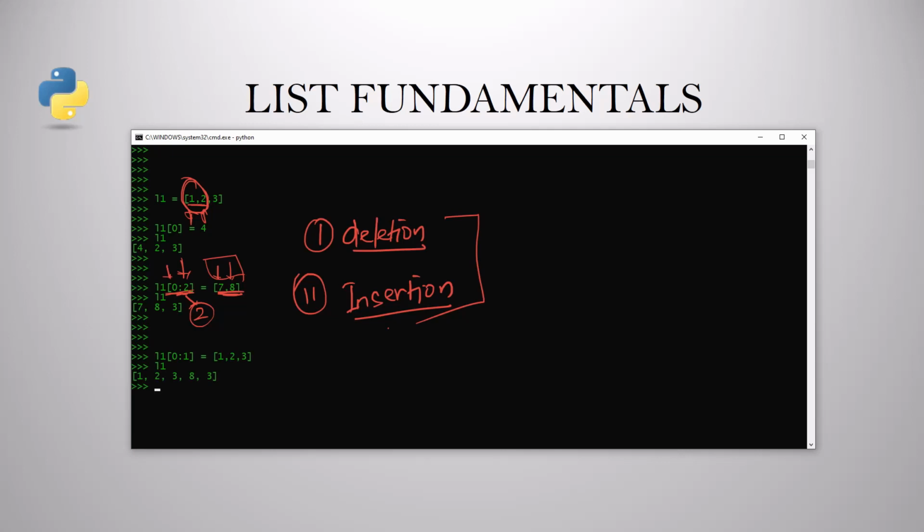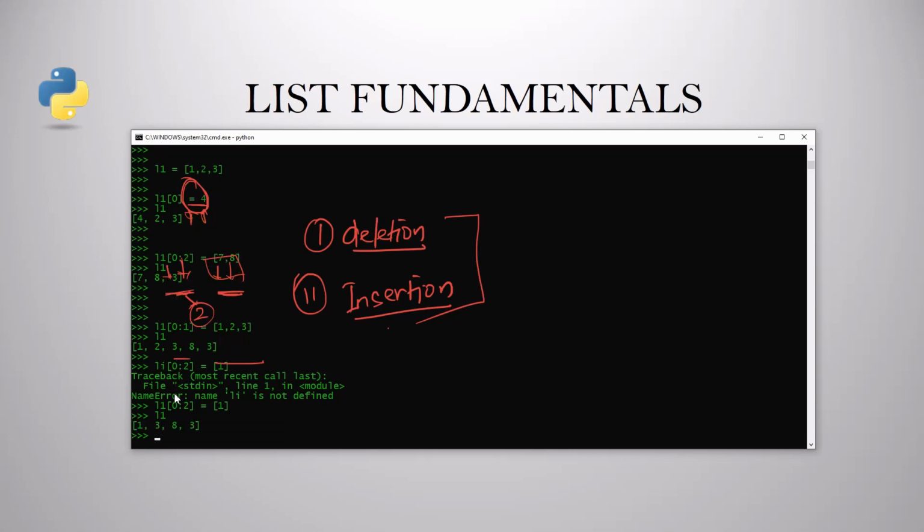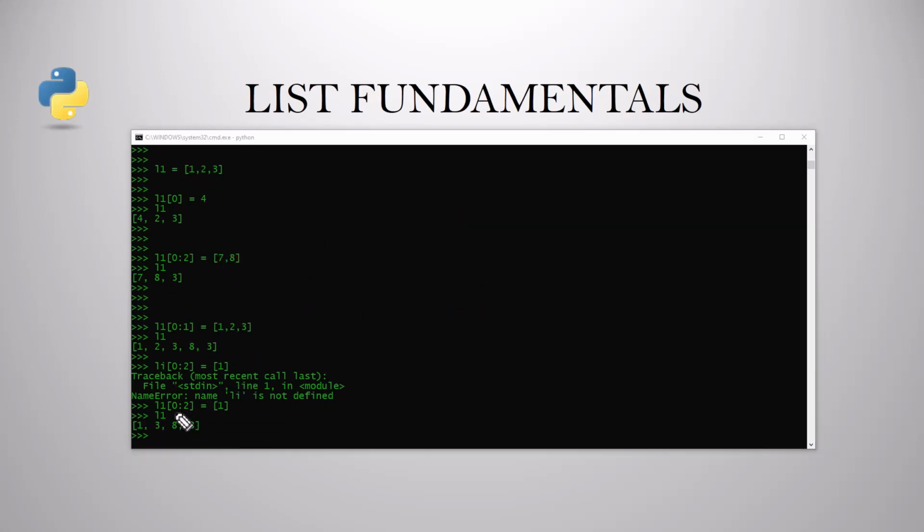So you don't have to give the same number of elements as you are taking from L1; you can give any number of list elements. Even if you specify L1[0:2] and give only one element, it will delete the first two and insert that one. It doesn't require you to specify the same number of elements as you are slicing off.